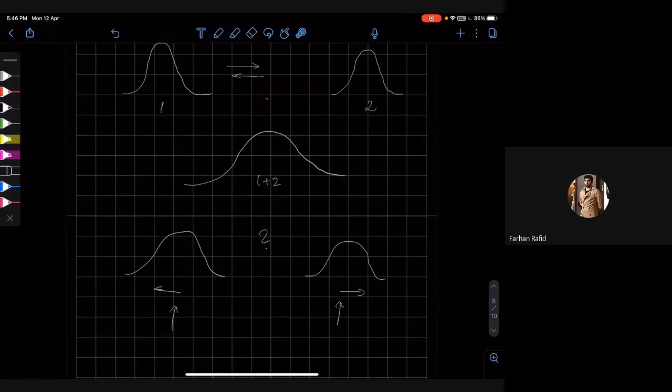But quantum mechanics says, no, that's not true. There is no meaningful way in which you can say this particle is going this way and that particle is going that way, or the other way around.